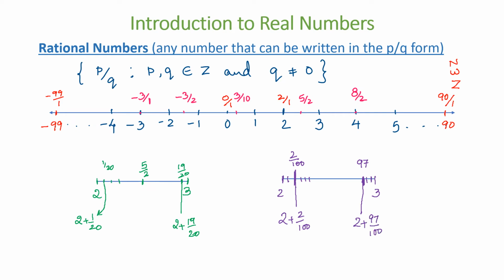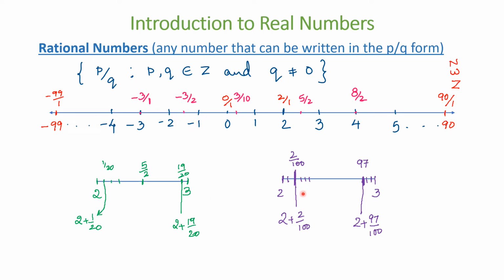That is, if I am dividing it into 20 parts, then I'm going to look at it as first part as 1 by 20 and the last part will be equal to 19 by 20. In the same way over here, this second part is going to be 2 by 100, if I have divided it into 100 parts. Which also tells you that between any two numbers, there are infinite number of rational numbers.